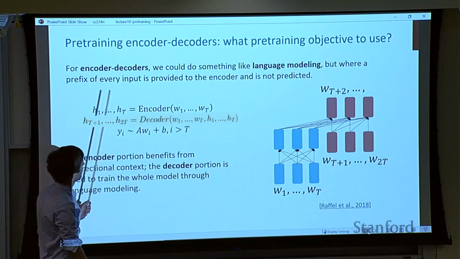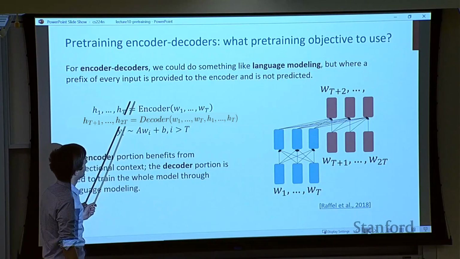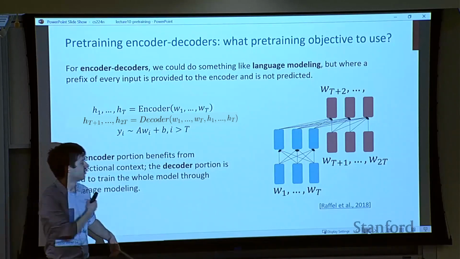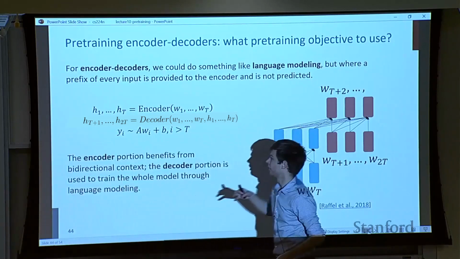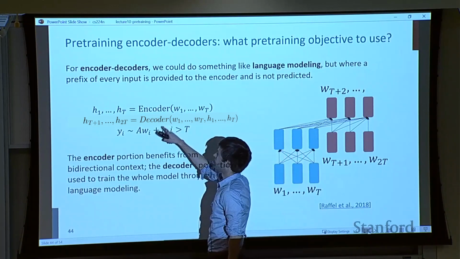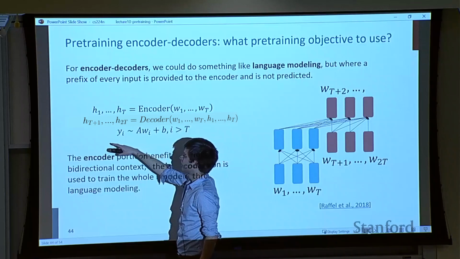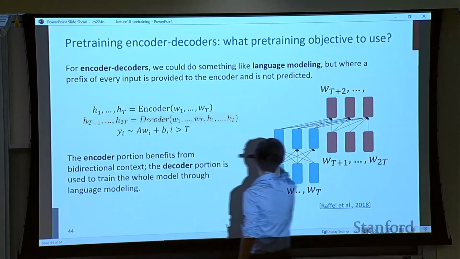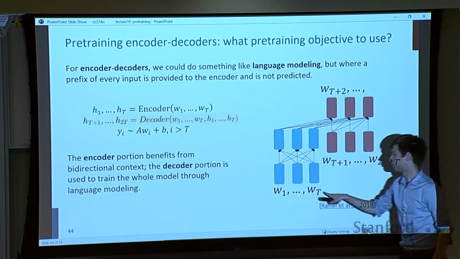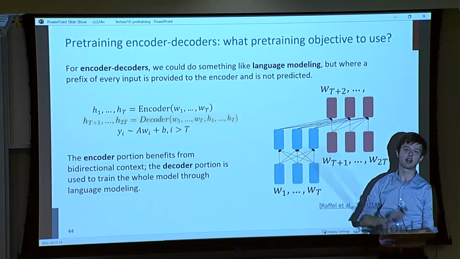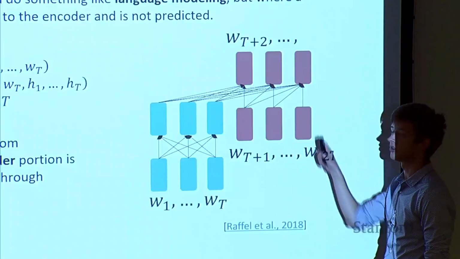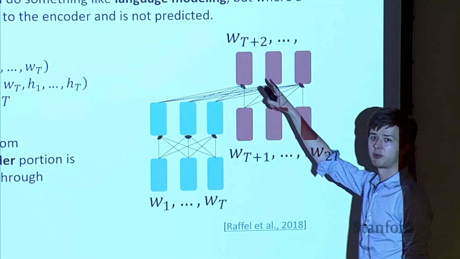One of the questions is, what do we do to pre-train them? We could do something like language modeling, where we take a sequence of words, word 1 to word 2t. We have word 1 through word t, and we provide those all to our encoder, and we predict on none of them. Then we have word t plus 1 to word 2t in our decoder, and we predict on these.